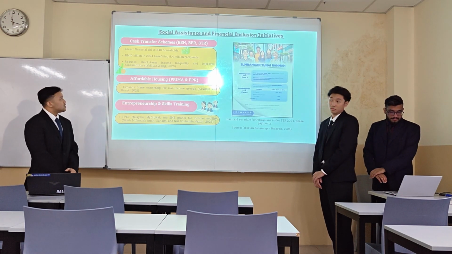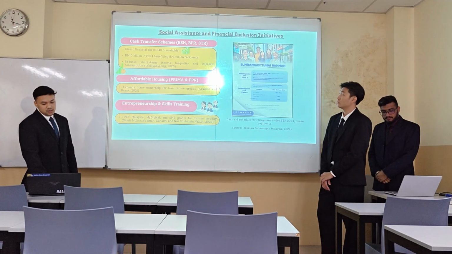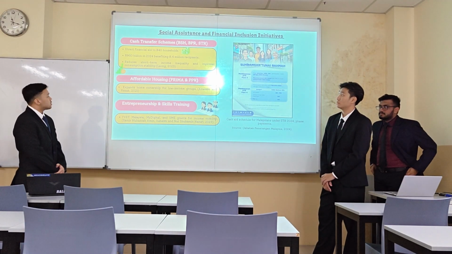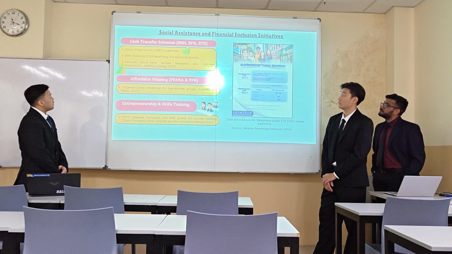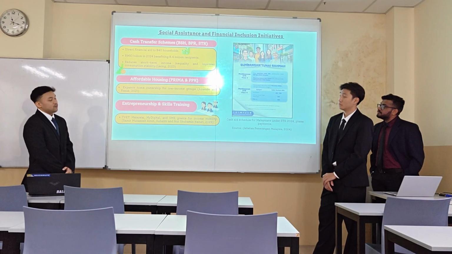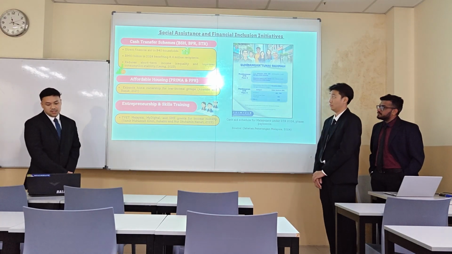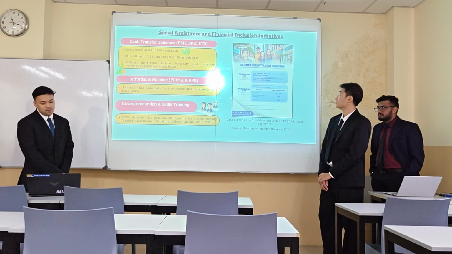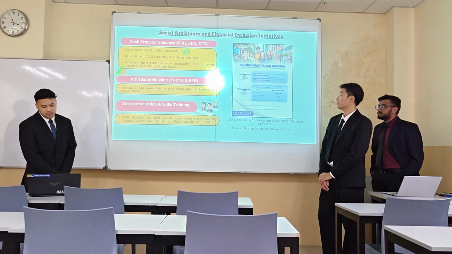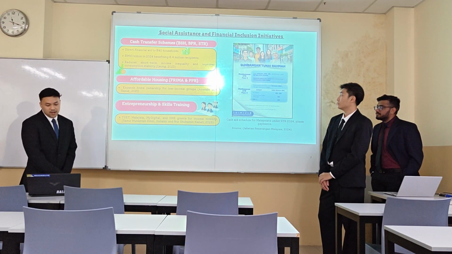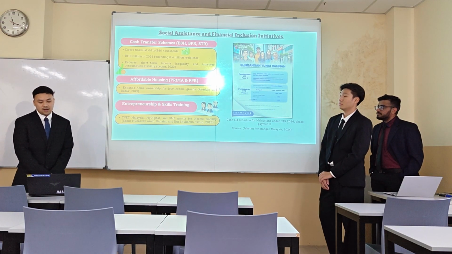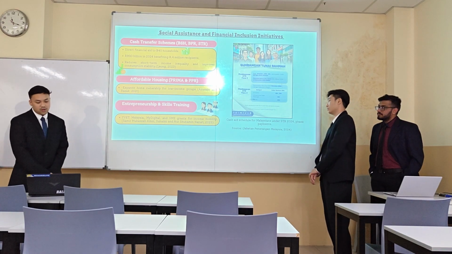For social assistance and financial inclusion, first, the cash transfer scheme. Firstly is DSH, known as Bantuan Sara Hidup. Secondly is BPR, Bantuan Prihatin Rakyat, and third is STR, known as Sumbangan Tunai Rahmah.